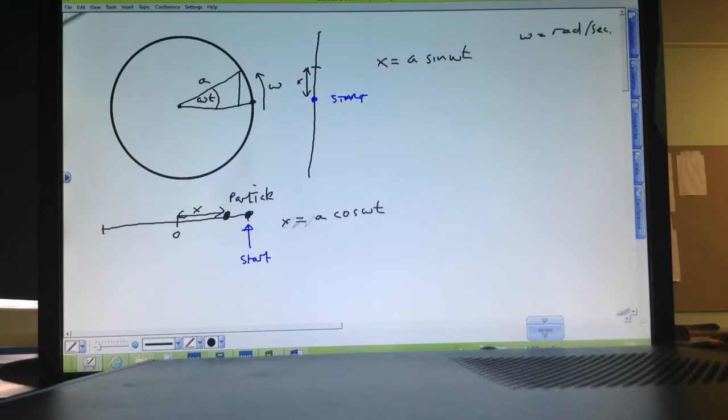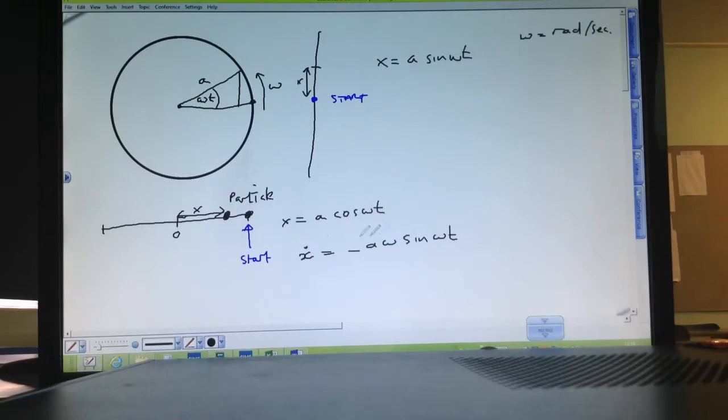Now, what we do is we differentiate this with respect to t. So we get x dot, which is velocity, is equal to, and what will it give us if t is the variable? Careful. Minus a omega sin omega t. Okay? Right.